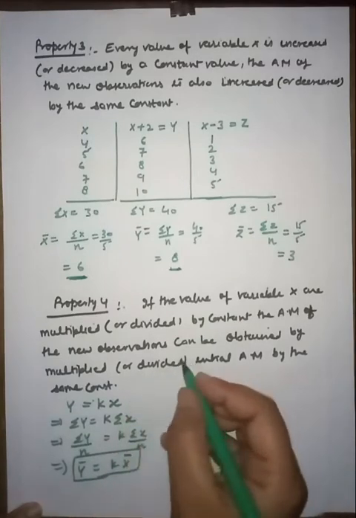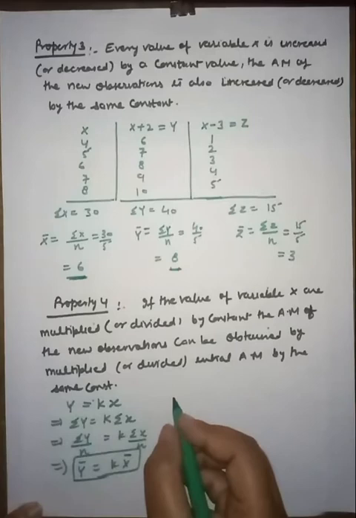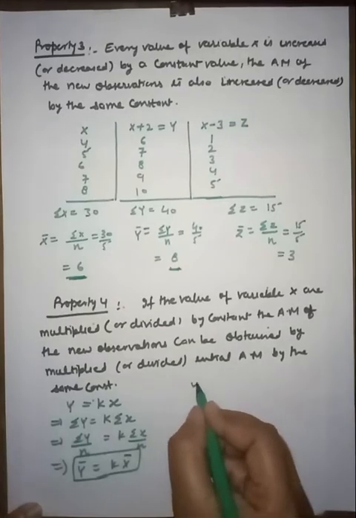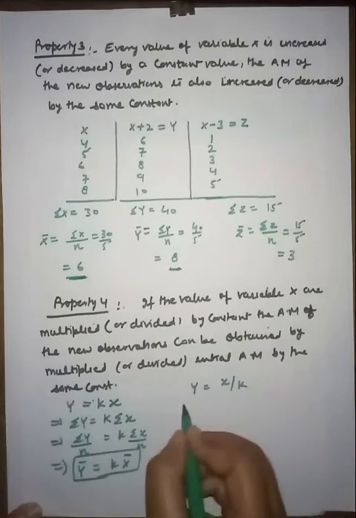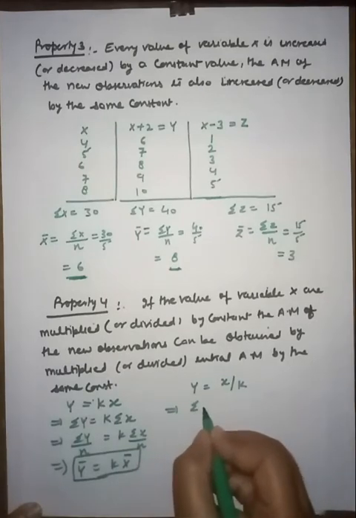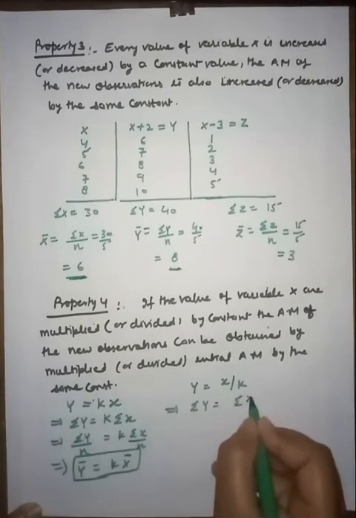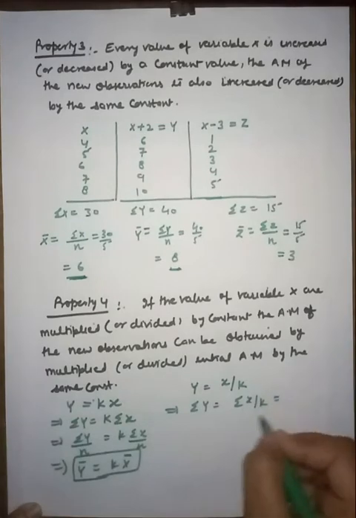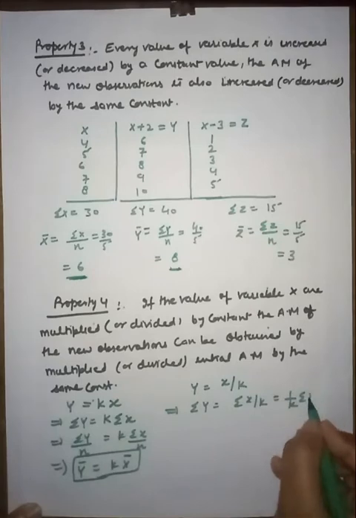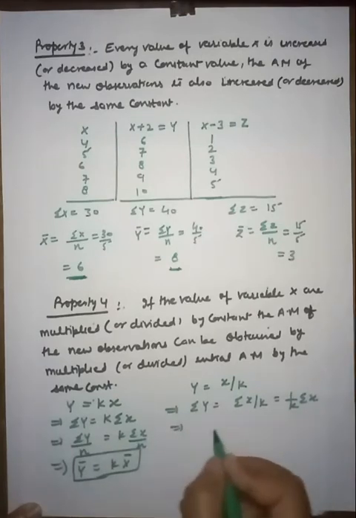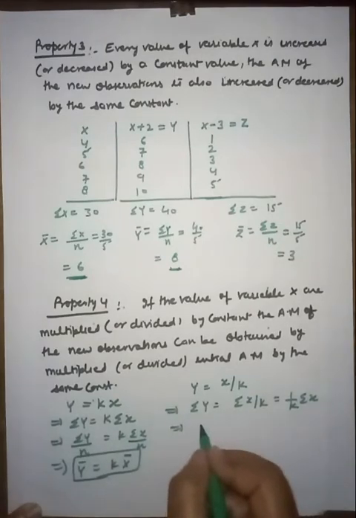Similarly, in the dividing case, I have taken y and suppose the variable x, which is divided by k. Again you have to take summation on both sides. Here 1 by k is a constant, so it comes outside. Now divide both sides by n.